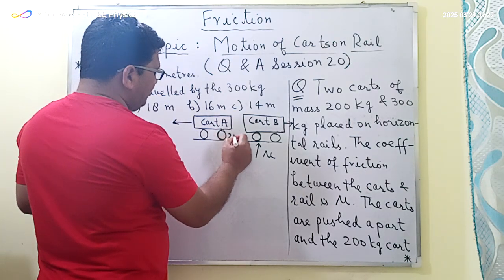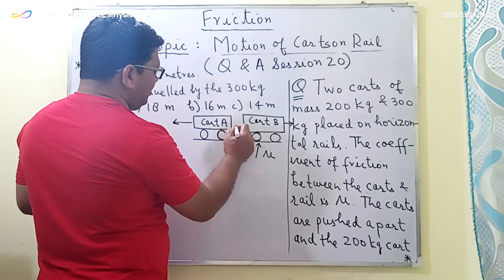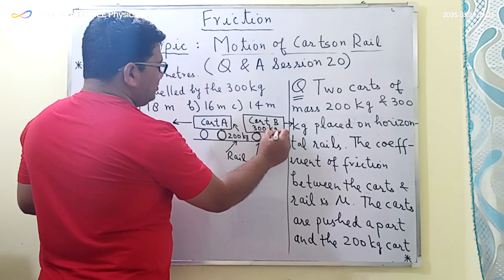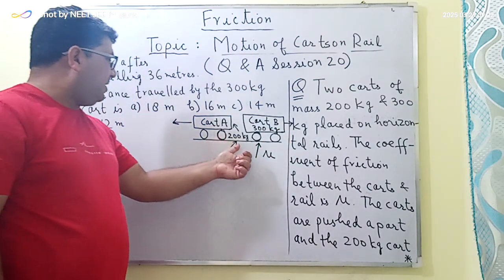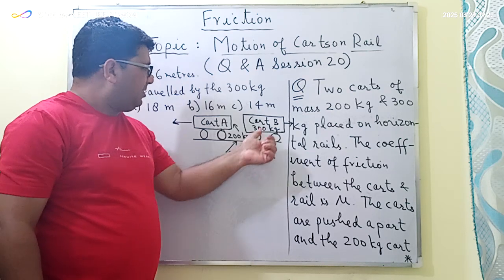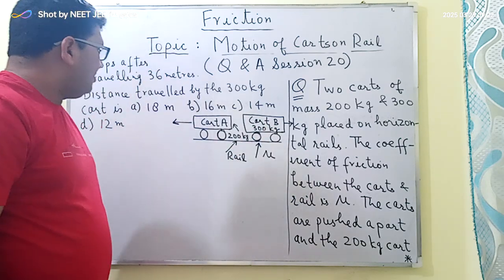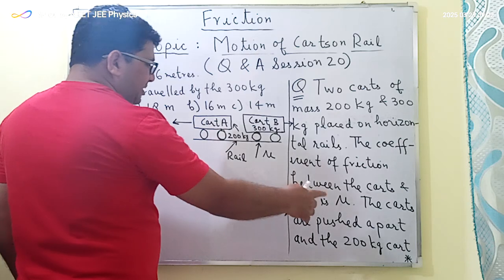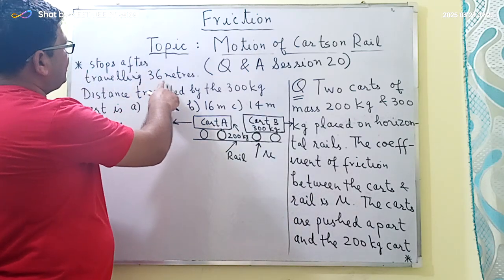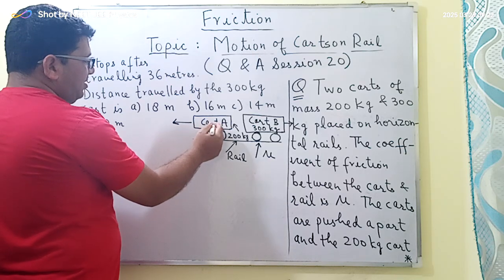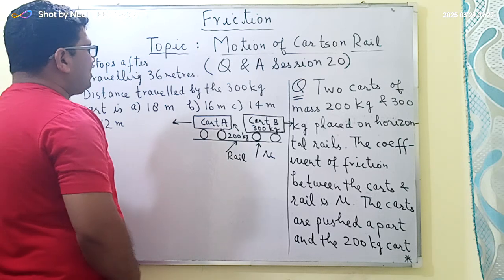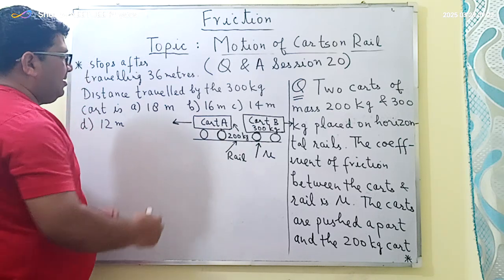Cart A has a mass of 200 kg and cart B has a mass of 300 kg. The 200 kg cart stops after traveling a distance of 36 meters. We have to find the distance traveled by the 300 kg cart.